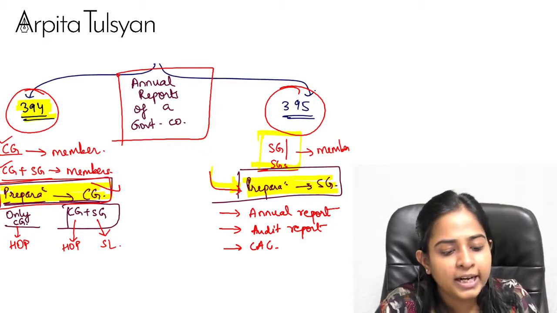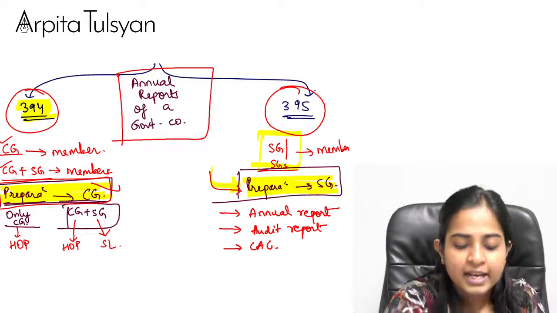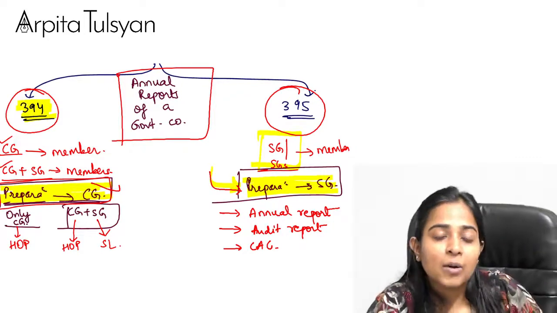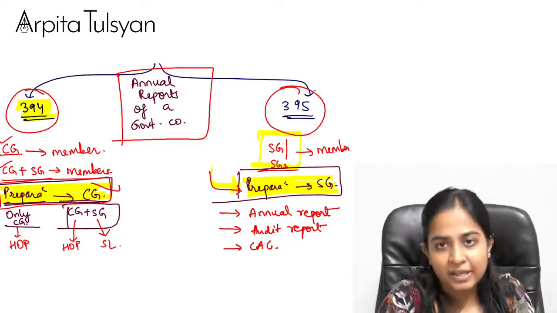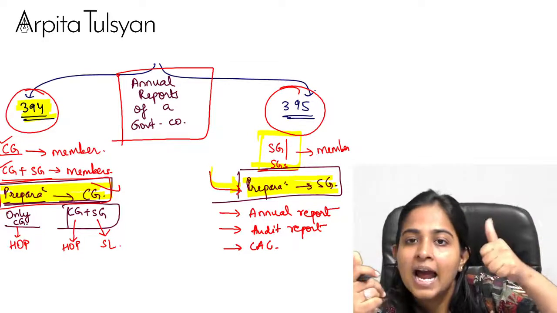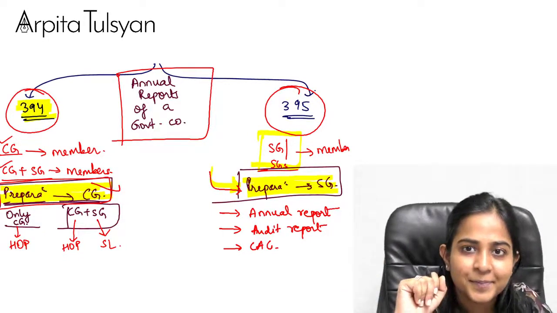So 394, 395 and section 2 clause 45 is totally done till here, and with this we are completed. We are totally done with the government company part. 6 parts were there in the chapter, right? Out of that, one part is altogether done.